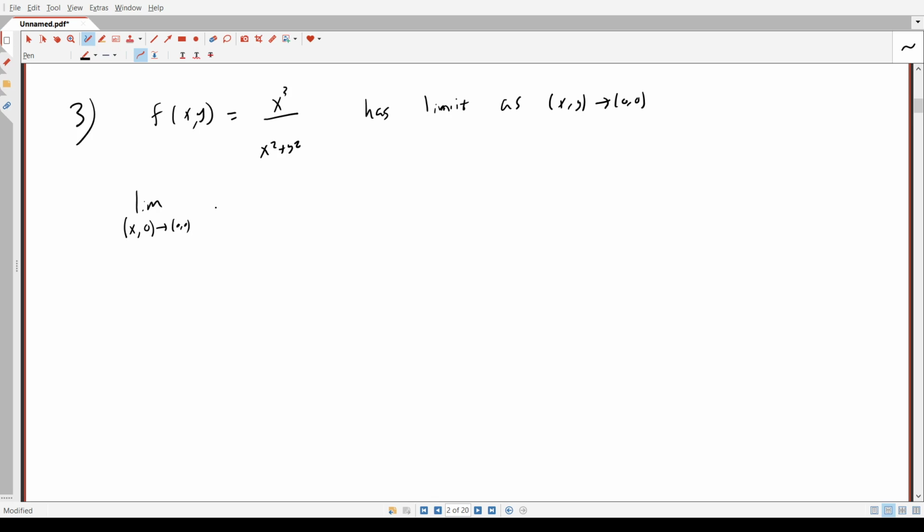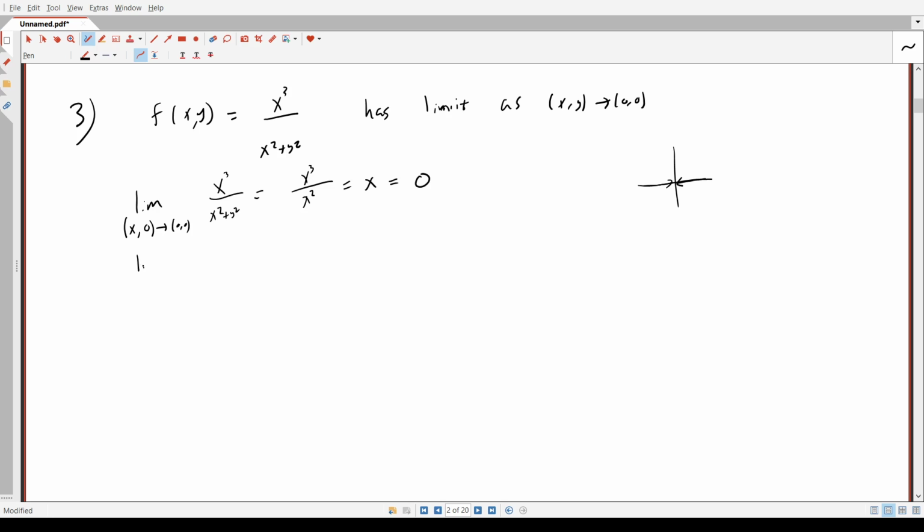If I do the limit with x goes to 0 and y is fixed at 0, x cubed over x squared plus y squared, what happens? I get x cubed over x squared, right, because y is 0. This is just x, and that goes to 0. So the limit is going to be 0. That corresponds to y being 0, when I'm going in this direction or possibly this direction, depending on if x is positive or negative. But that doesn't really matter.